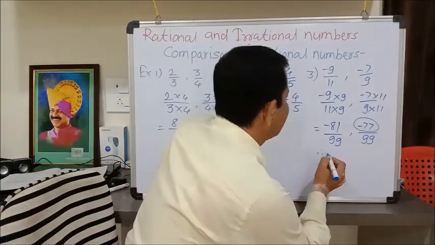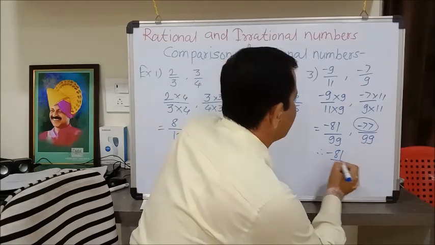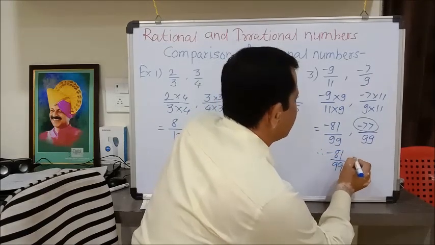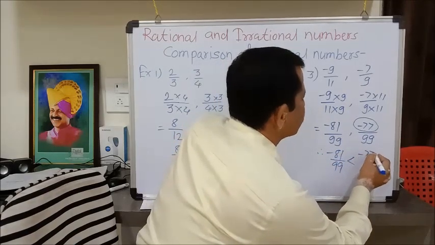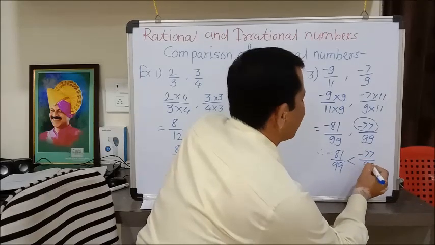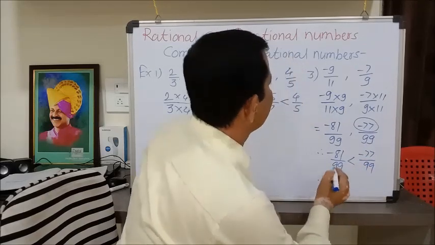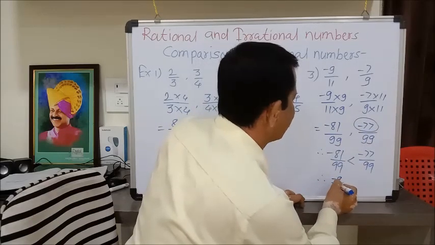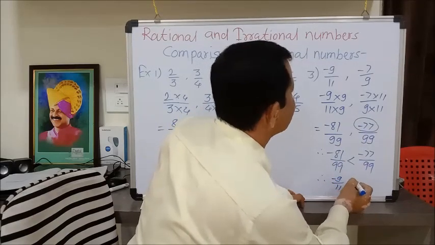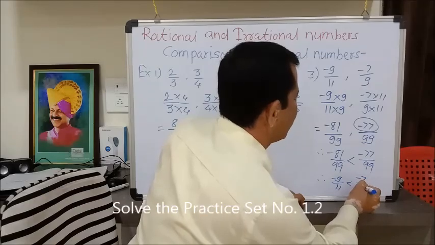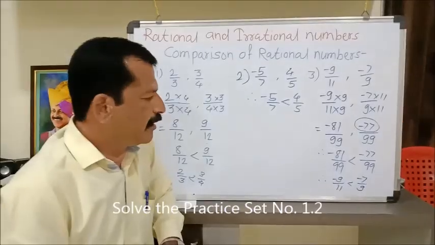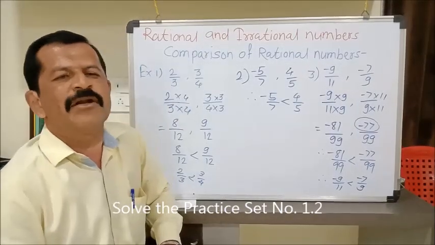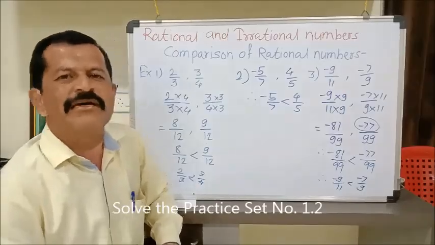So we can write negative 81 by 99 is less than negative 77 by 99. So we can say the first rational number, negative 9 by 11, is less than negative 7 by 9. You solve practice set number 1.2 and compare the rational numbers.